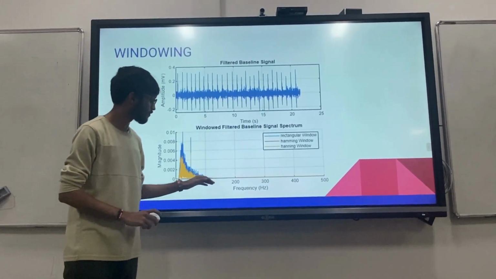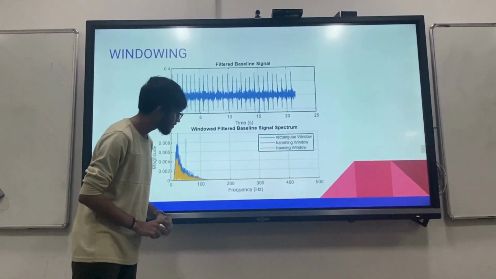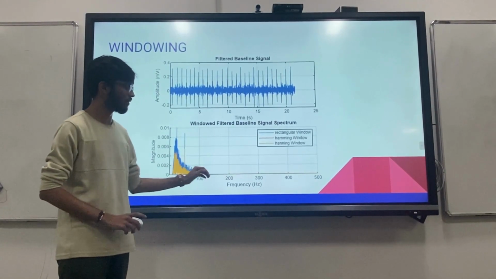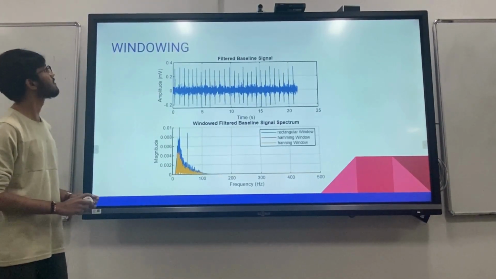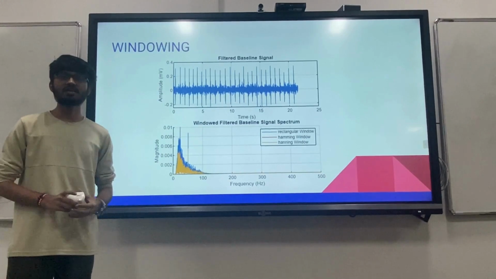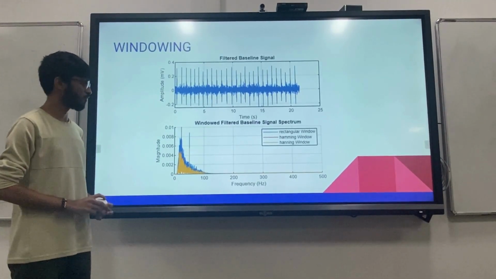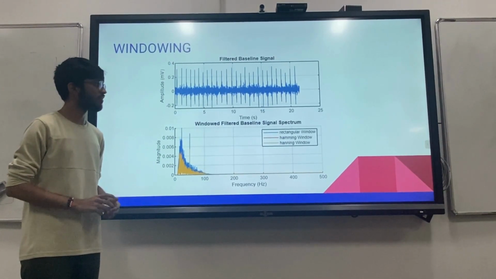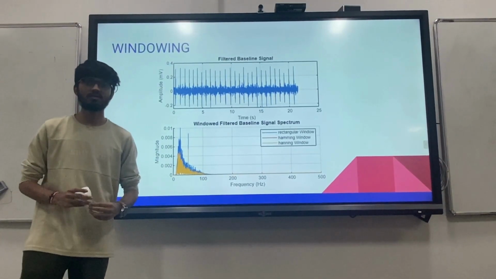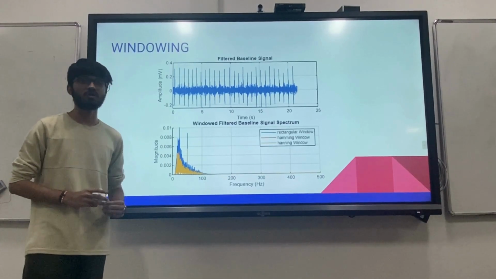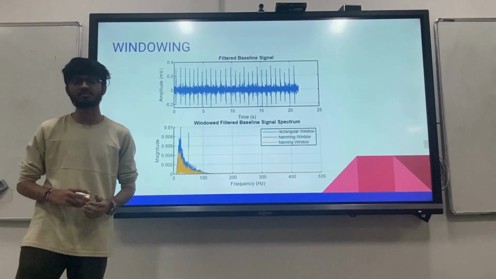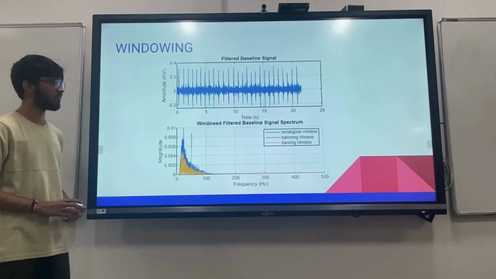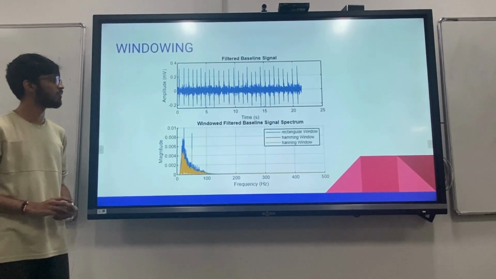And here also, if you look, the discontinuities at the boundaries get removed, and there is quite a smooth transition there. So these were the major three concepts which we used for our analysis in the frequency domain. There are a lot of other concepts as well, but we tried to cover them in the earlier steps, during the data processing or the time domain analysis.